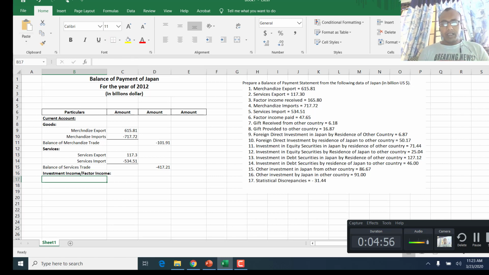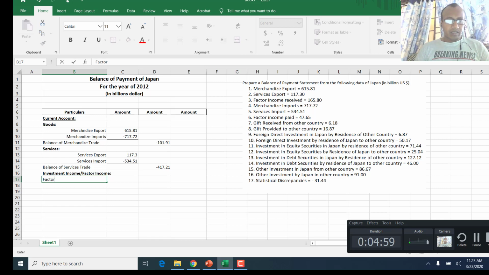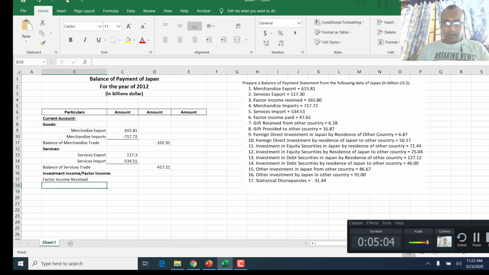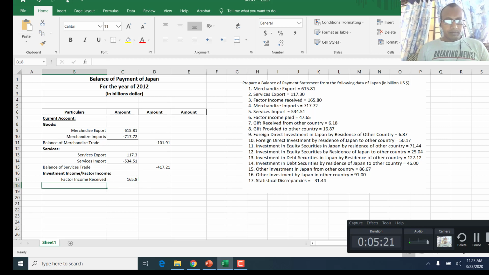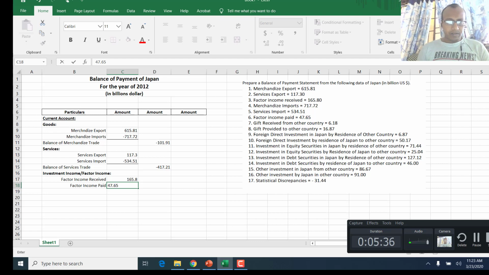Factor income received by the residents of Japan from other countries should be added, here in transaction number 3. Factor income received is 165.80 billion US dollars, and factor income paid by Japan to the residents of other countries is 47.65.